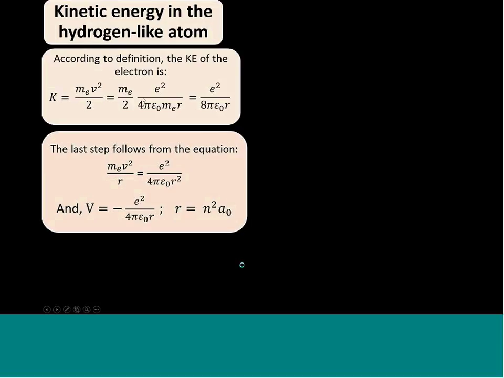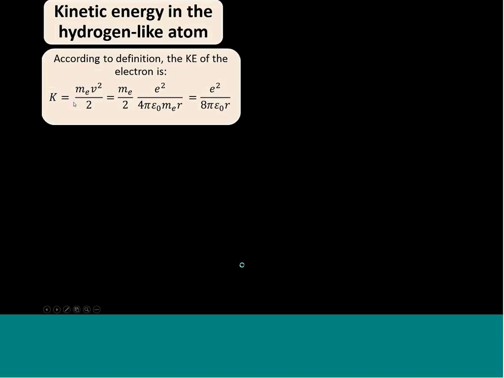Okay, so the definition. The kinetic energy of electron adalah K equal to M V kuasa 2 dengan 2. V kuasa 2 ni kita gantikan dengan equation yang kita dah kirakan sebelum ni. Dan hubungan 2 ni kita akan dapat E kuasa 2, dengan M bawah ni kita boleh cancelkan.